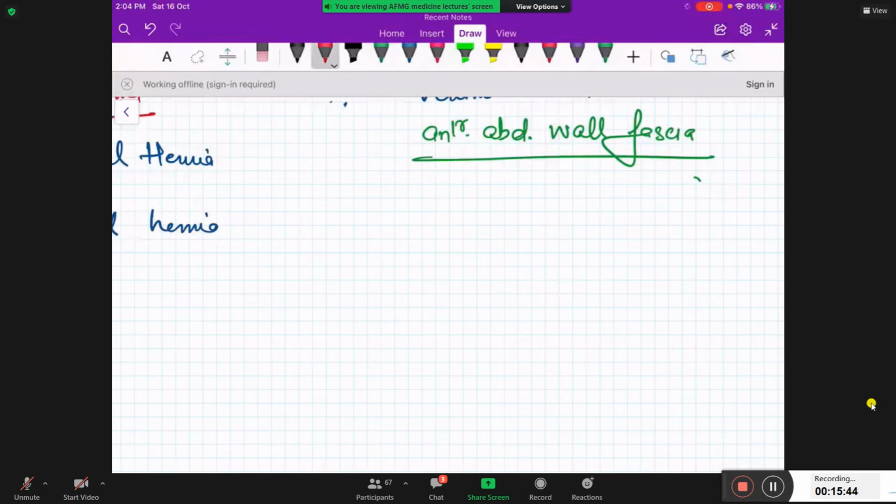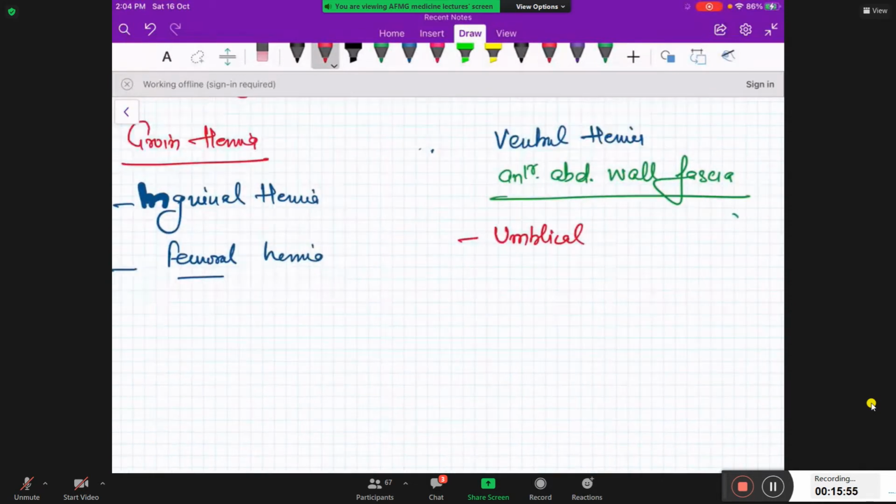Very good. Umbilical hernia. Any other? Inguinal has gone to the groin, so it will take a little space. It is not coming from anterior abdominal wall fascia. Huh? Which hernia?